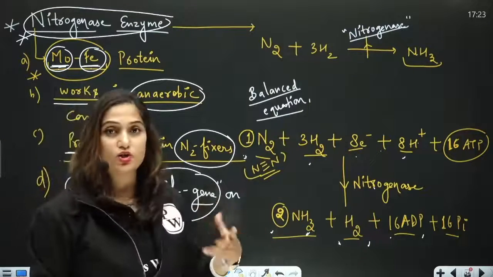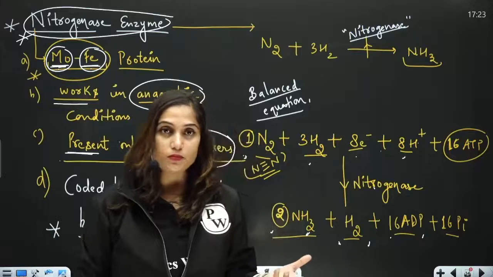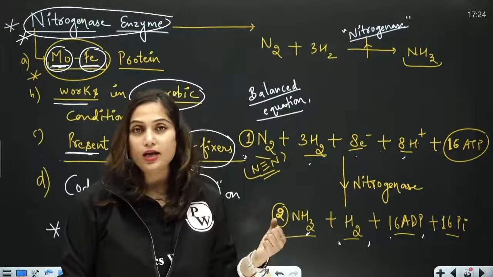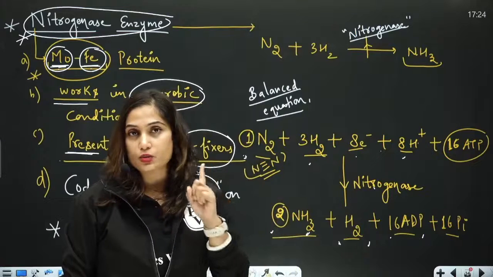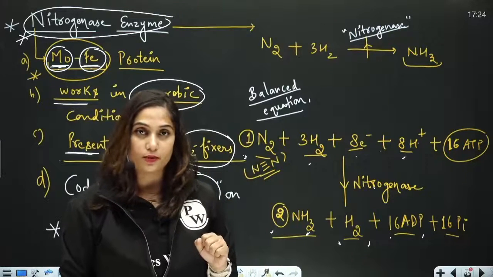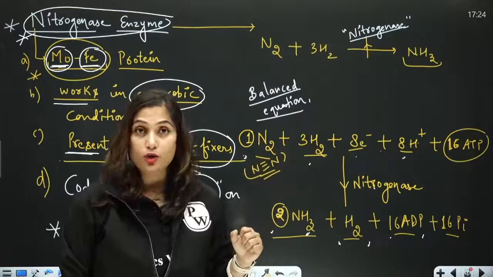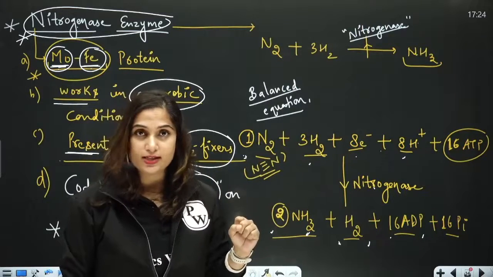Now, how the question can confuse you? If the question asks how many ATPs are required to fix one nitrogen, what will be your answer? How many ATPs are required to fix one nitrogen? You will say 16.